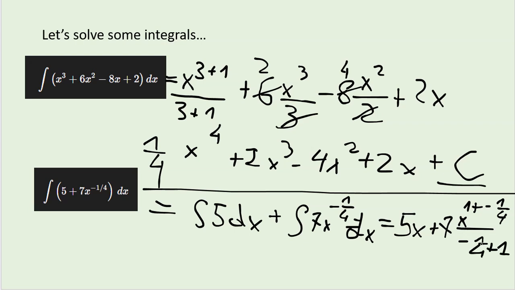So negative 1/4 plus 1 is equal to 3 quarters, so it will be 5x plus 7 times x to the power of 3/4 over 3/4.